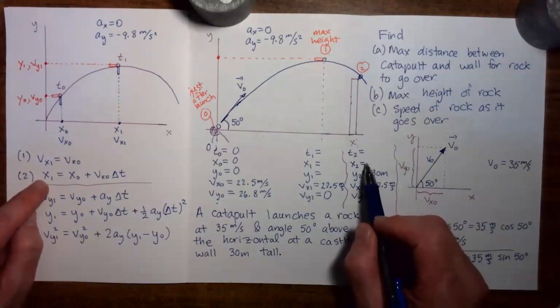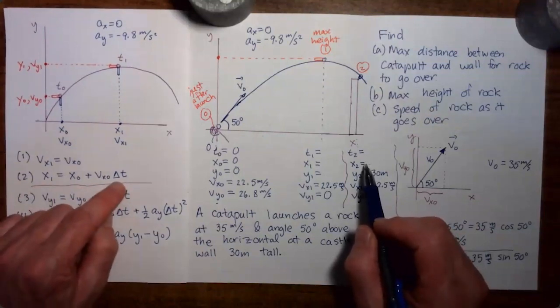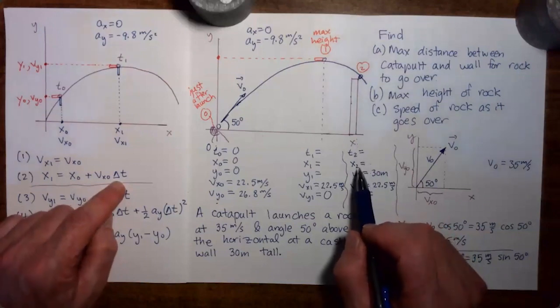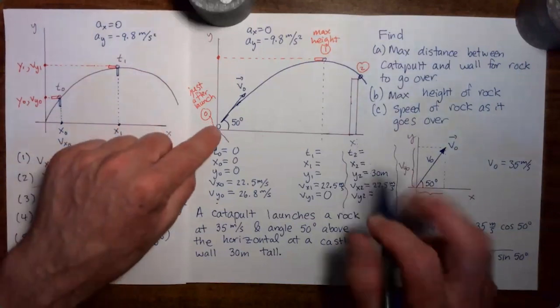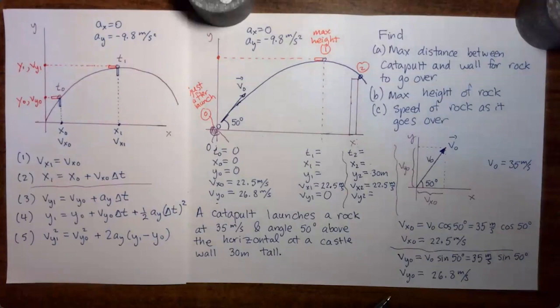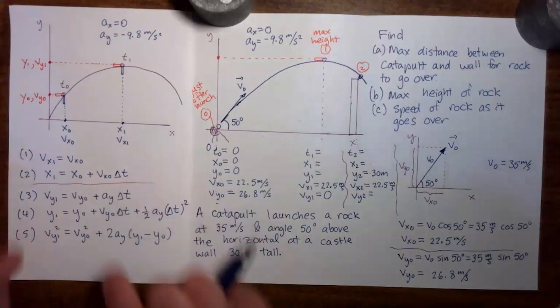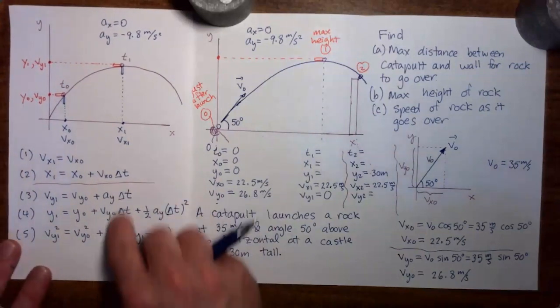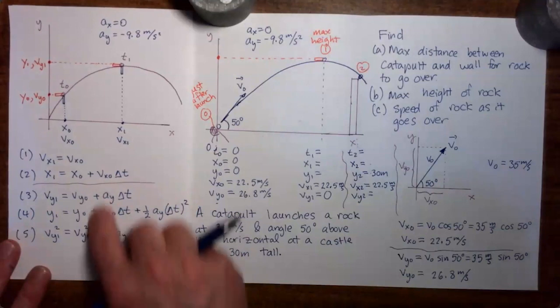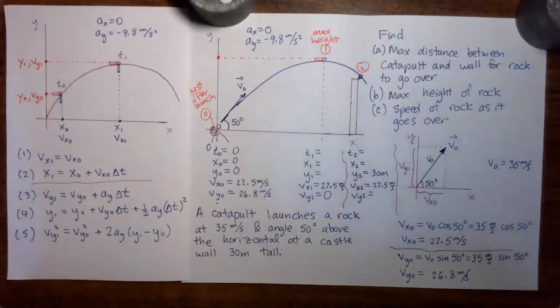And in order to get that x, we would somehow need a delta t. We would need a time between the rock being launched and the rock going over. Now, we can't get that delta t from the x equation. We're going to have to use an analysis of the vertical motion to get the delta t.